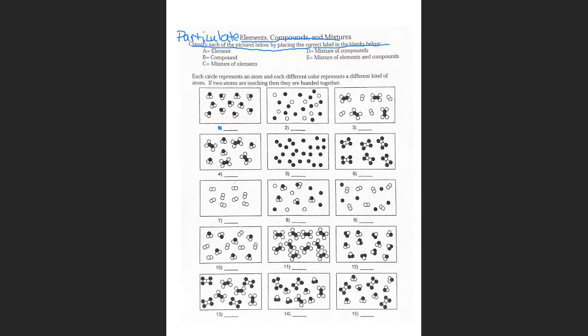So how do we identify what's an element and what's a compound? It says here, each circle represents an atom, and each different color represents a different kind of atom. If two atoms are touching, that means they're bonded together. Real quick, remember, elements are made up of atoms.